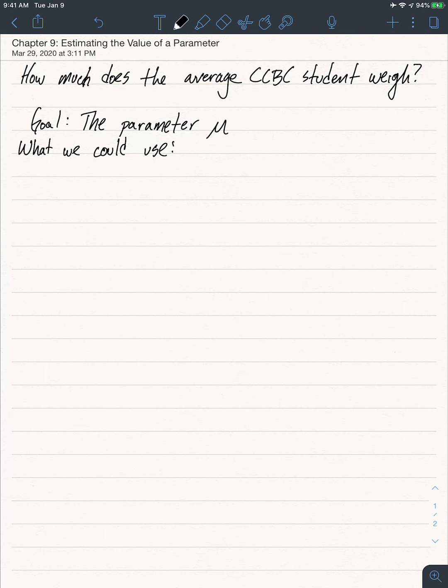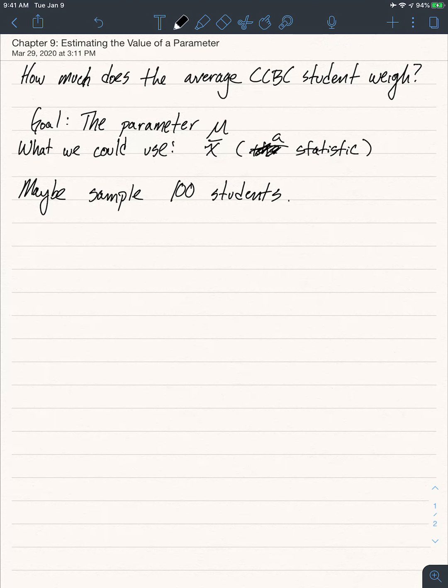And what we could find, however you want to put it, was a statistic. I go out there and I find a statistic. I go out and sample, let's say maybe sample 100 students, and then find their average weight.